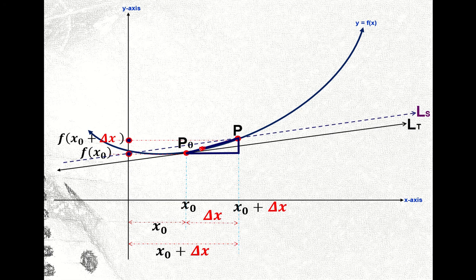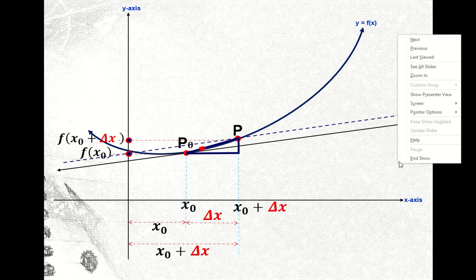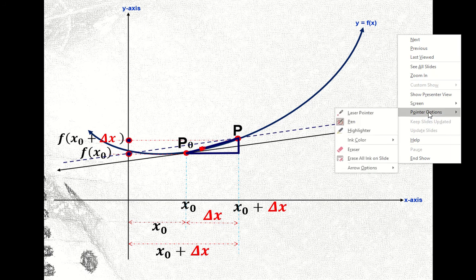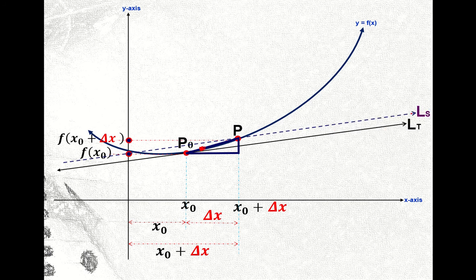What will happen is that our secant line will be very, very close to LT. So we have a line that is now very close to the tangent.